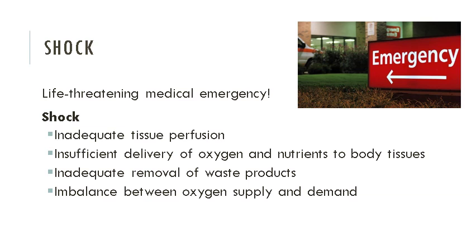On the third bullet where it says inadequate removal of waste products, what we see primarily is a decrease in urine output. So for our clients that are in shock, even though they're given IV fluids in early stages, they still will have very decreased urine output.